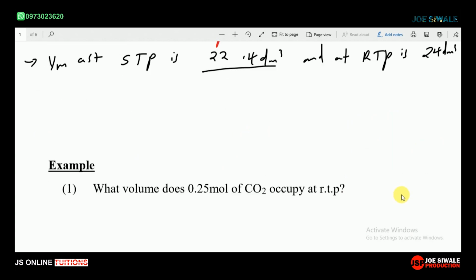To calculate the volume of gas at standard temperature or at room temperature and pressure, we use this formula.